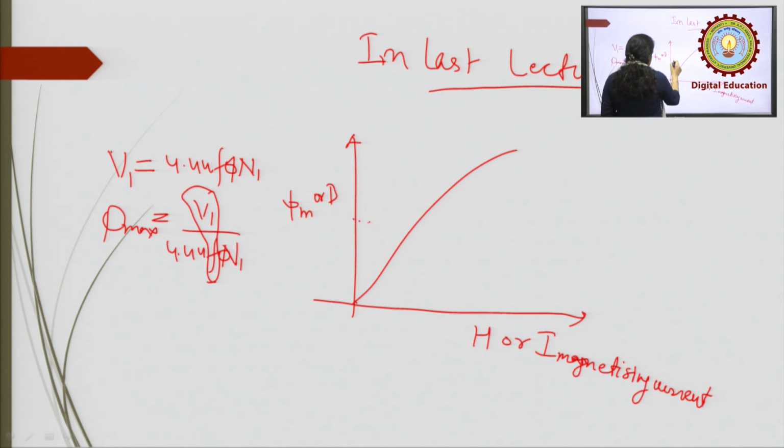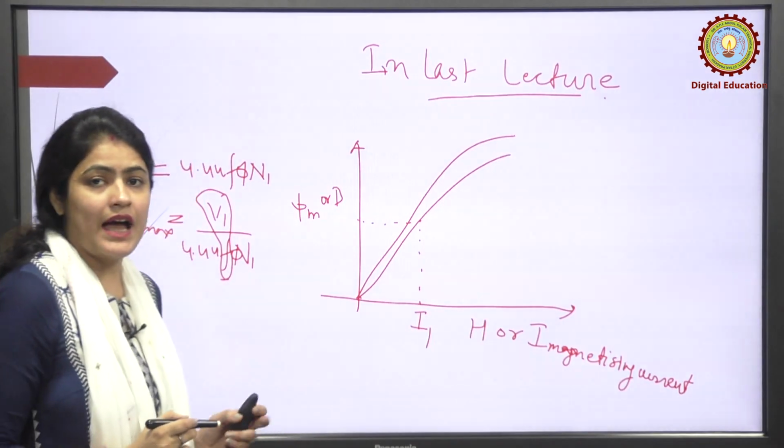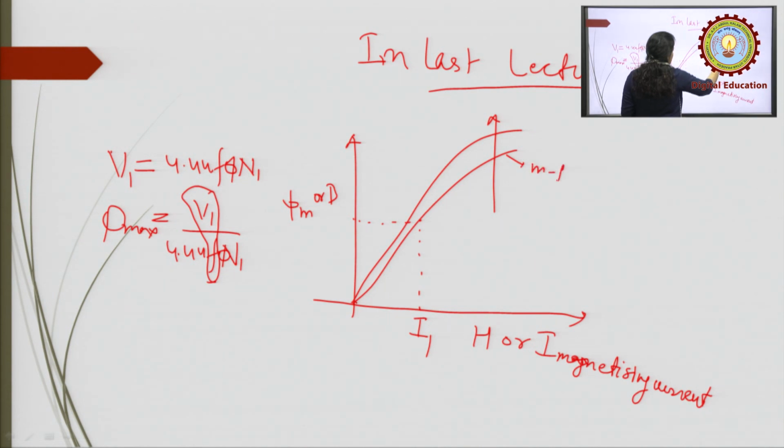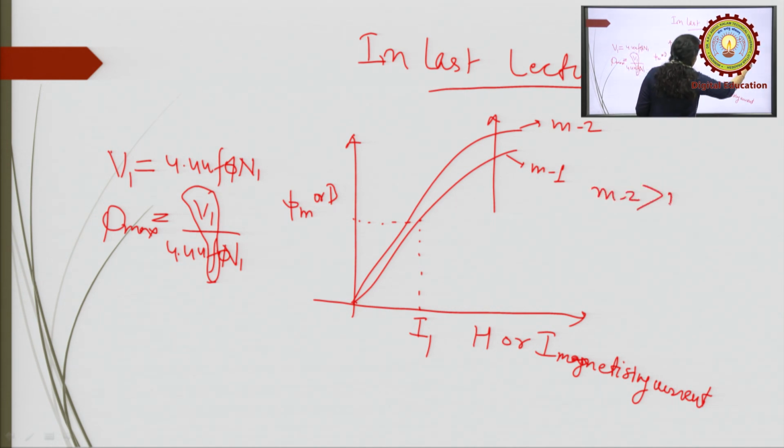According to this BH curve, the current value corresponding to this phi max is, suppose, I1. Now, if you take another material with higher permeability, suppose this is material 1 and this is material 2, then material 2 has higher permeability than material 1, that is mu 2 is greater than mu 1.